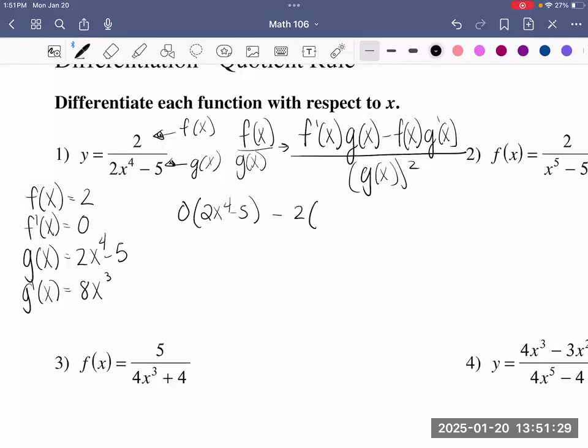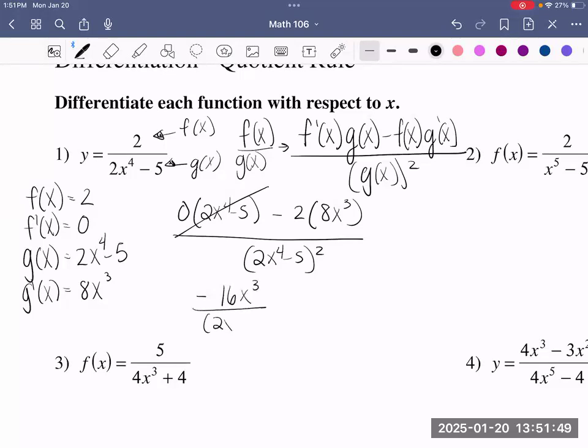So you have 2 times your g prime, 8x cubed, all over g, 2x to the 4th minus 5 squared. So this will turn 0, and in the numerator, we have negative 16x cubed all over 2x to the 4th minus 5 squared.